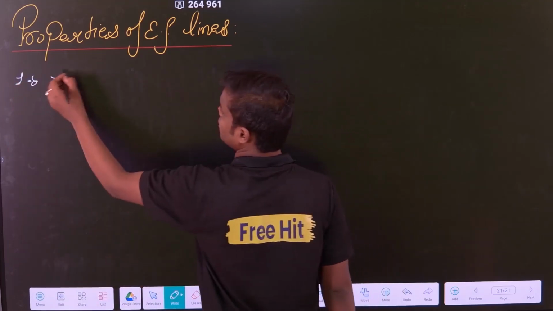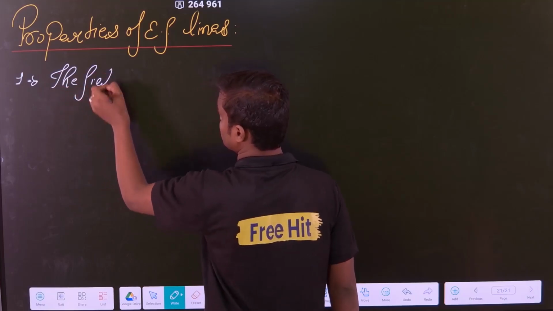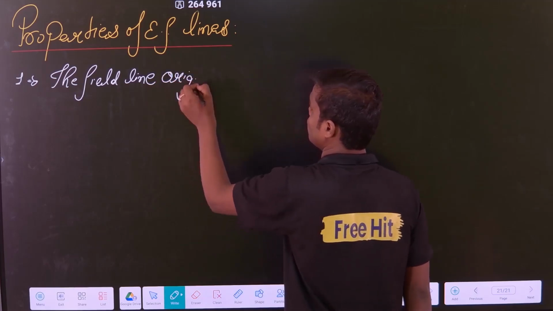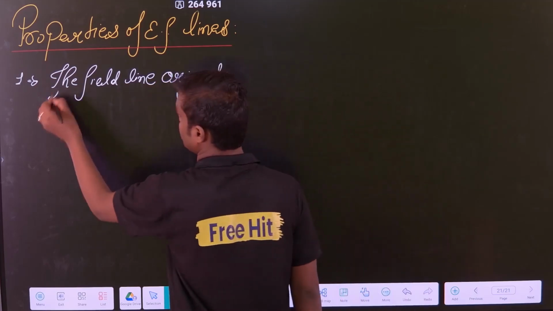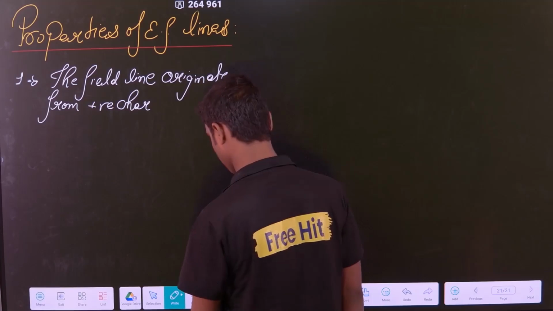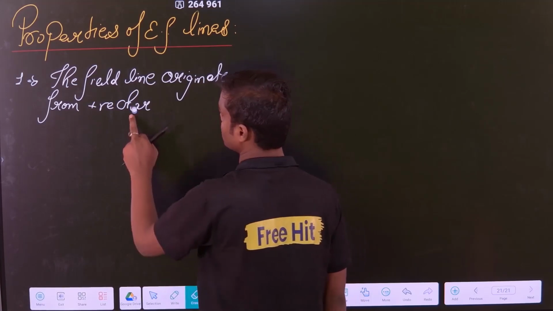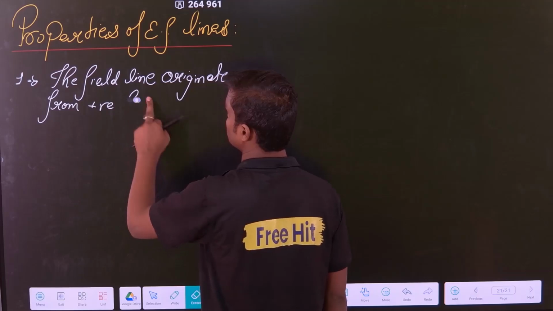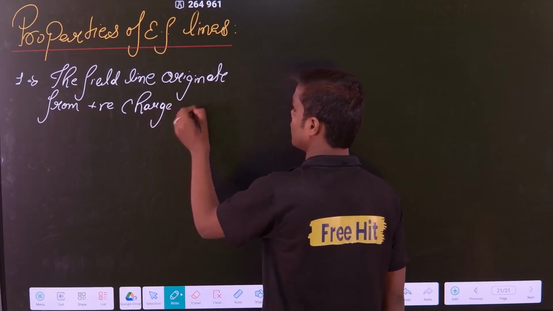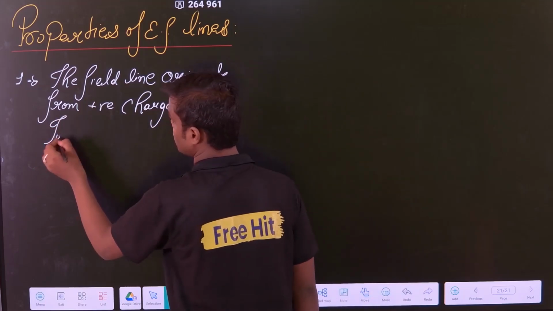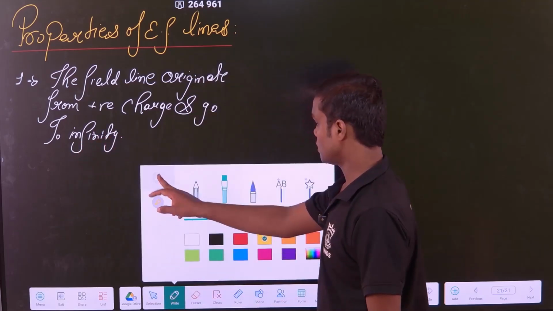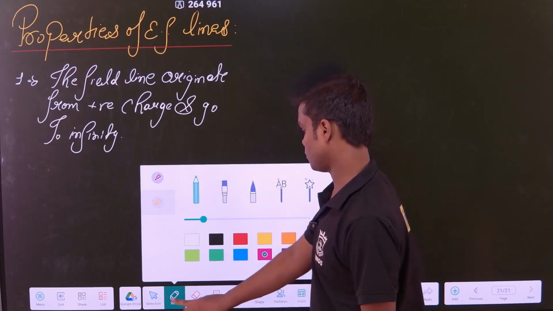It says that the electric field lines originate from positive charge and go to infinity.